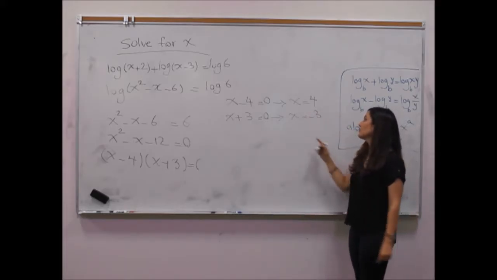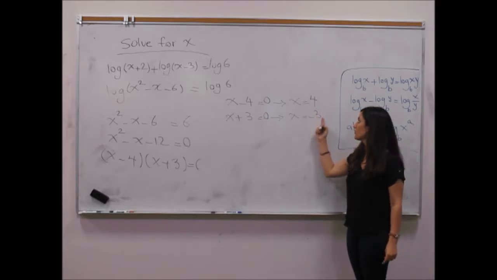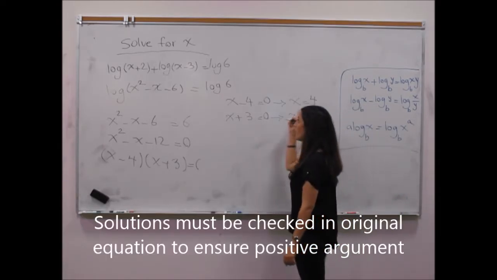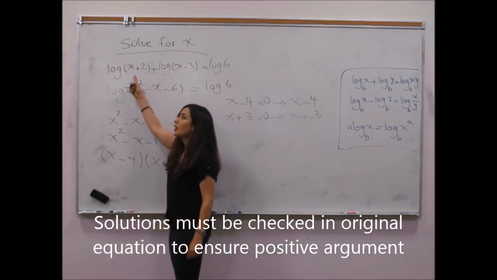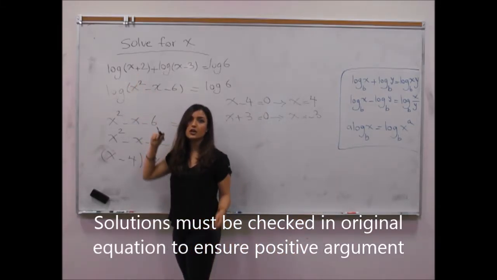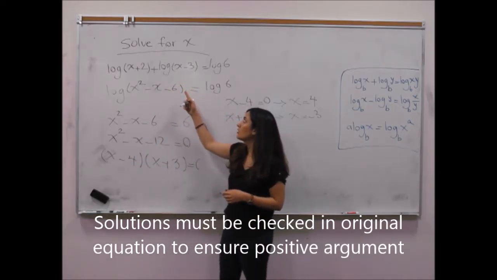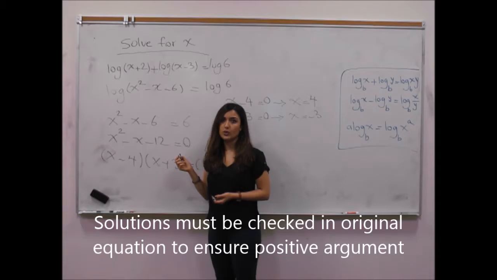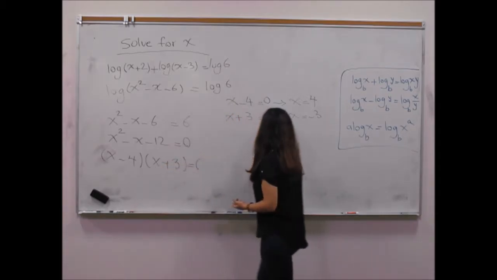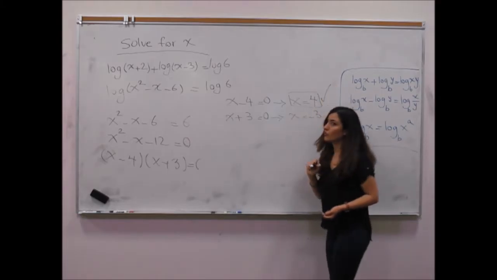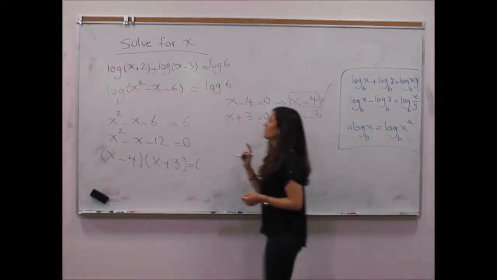So I'm going to check to make sure that both of them give me positive values for the argument. If I plug in the 4 for the first one, I would get log of 4 plus 2, which is log of 6, a positive number. And for the second one, I get log of 4 minus 3, which is log of 1, again a positive number. So 4 is the solution. This one works. And then negative 3.